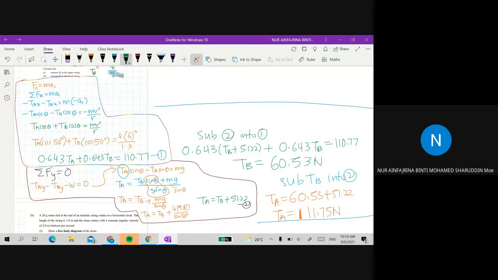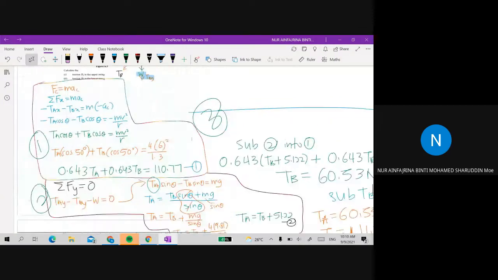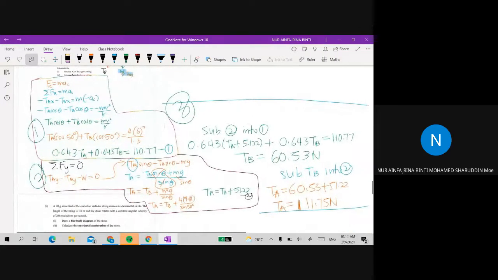So, first 1, 2, 3. So, ada 3 step untuk buat dia. So, kalau awak perasan soalan dia macam 1, 2 ni kan. Nanti kalau awak buat jalan kira sekali, make sure to label ya. To label jawapan awak yang mana-mana. Okay, ini adalah jawapan untuk nombor 1. Dan ini adalah jawapan untuk nombor 2.